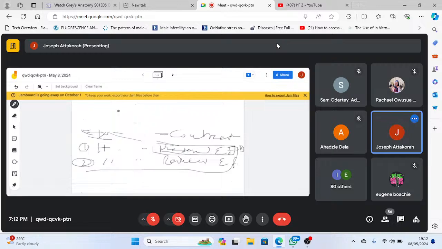So, as you rightly said, if it's diastolic and you give certain medication, it could worsen the case. If it's systolic and you give certain medication, it could worsen the situation.